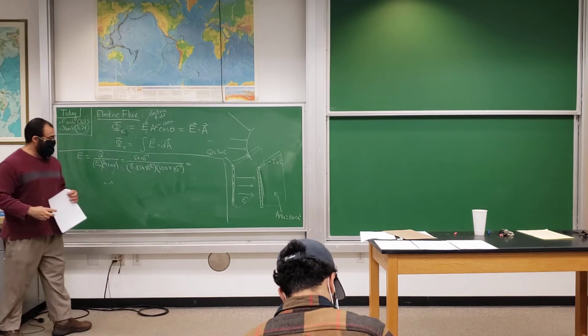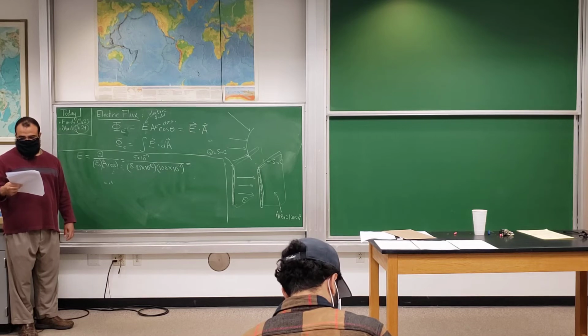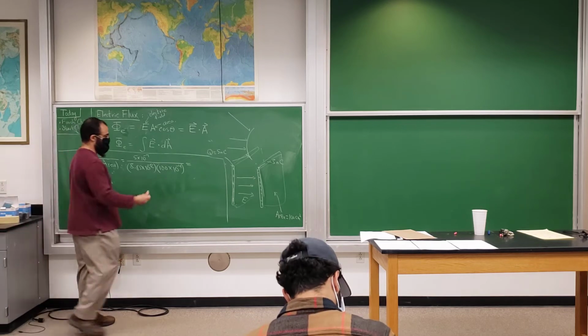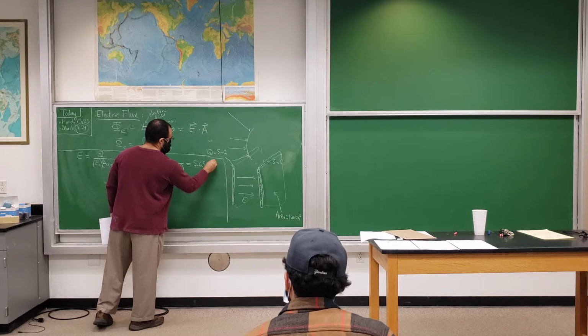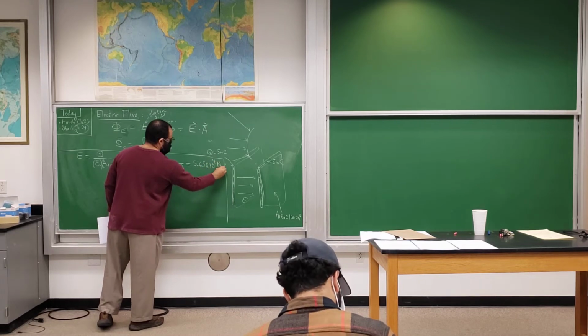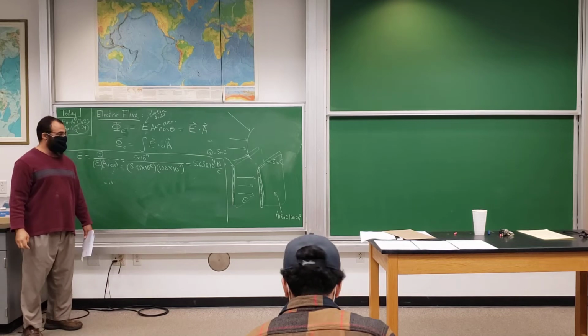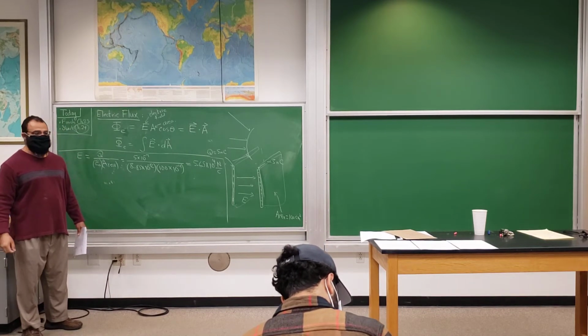Do that, and it turns out the electric field will be 5.65 times 10 to the 4th newtons per coulomb. So that's the first one.